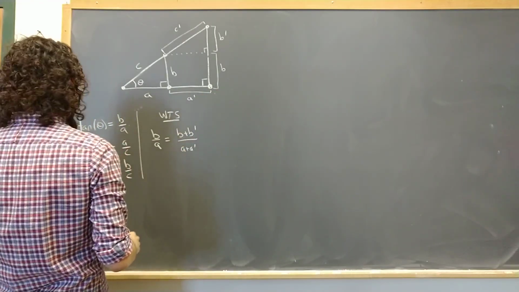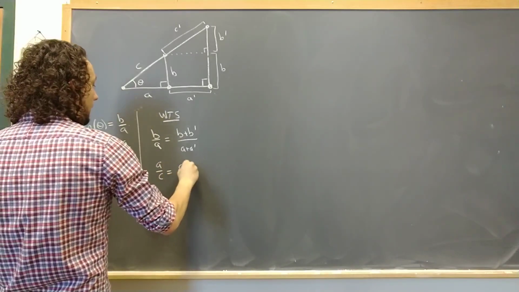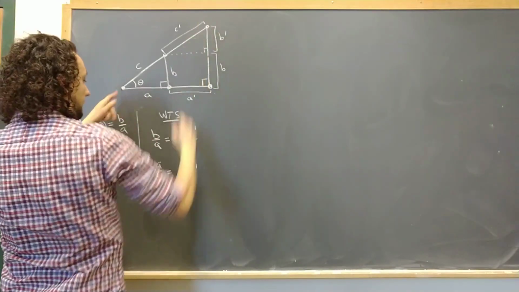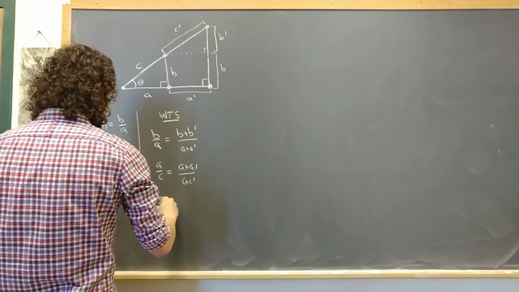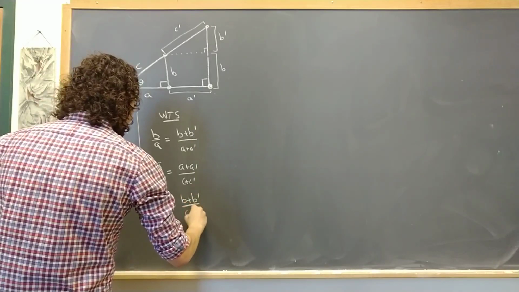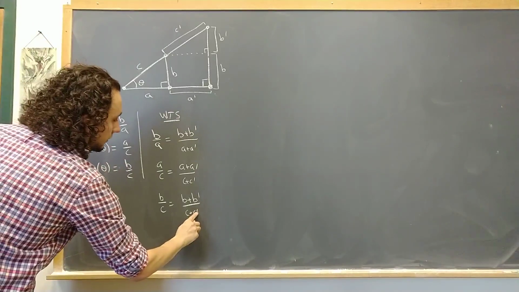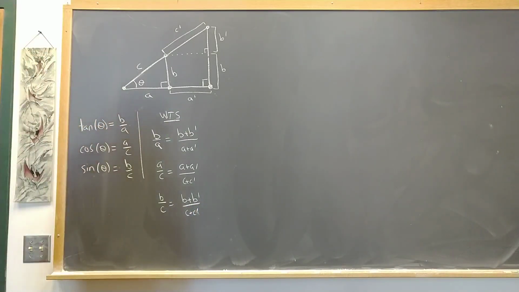And we also want to show for cosine that A over C is equal to A plus A prime over C plus C prime. And finally, B over C is equal to B plus B prime over C plus C prime. This is our goal.